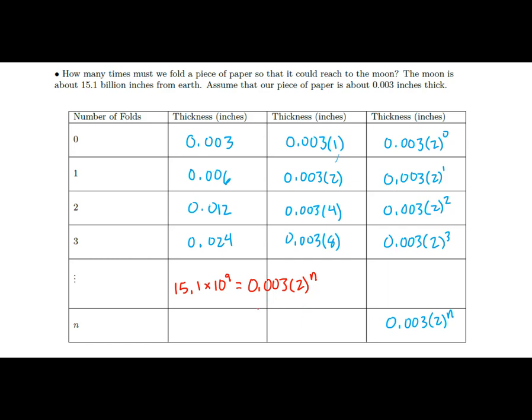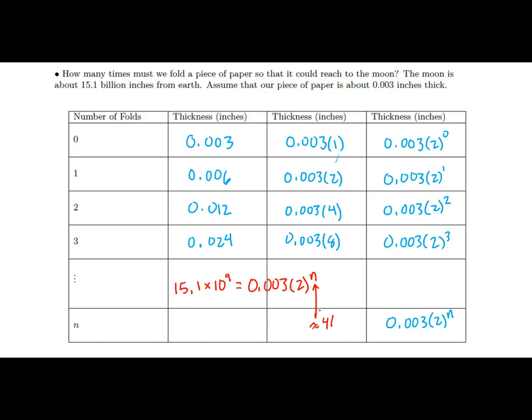And so we will talk later about how you go about solving an equation like this, but the interesting thing is that n is about 41. So the exponent only has to be about 41 in order to get you past this number. What that means is that all I would have to do is fold a piece of paper 41 times, and its thickness would be greater than the distance from the Earth to the moon.